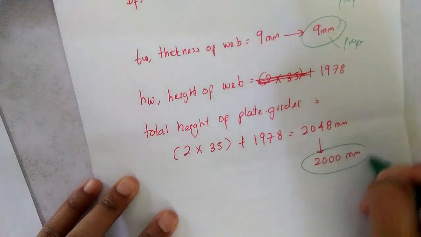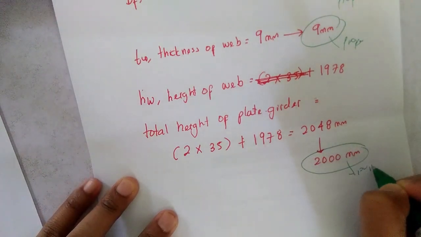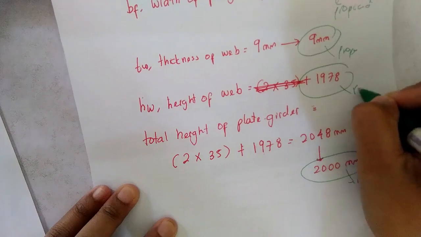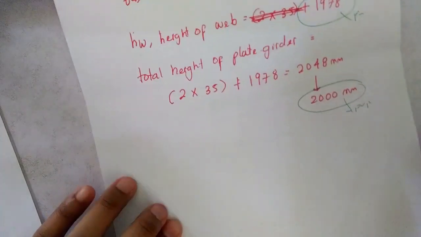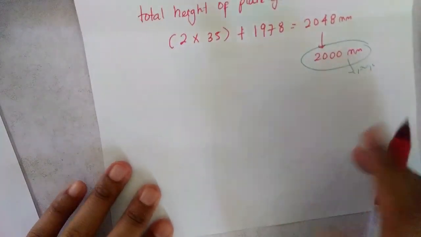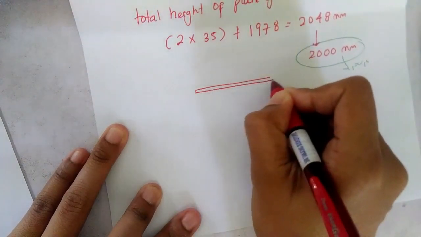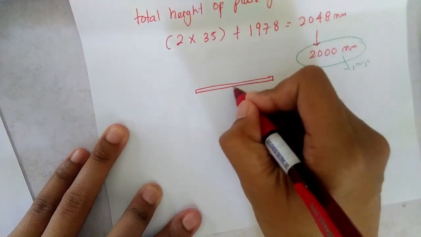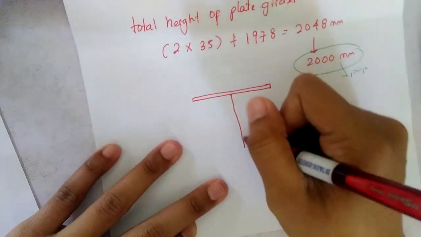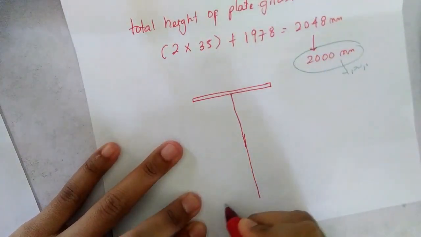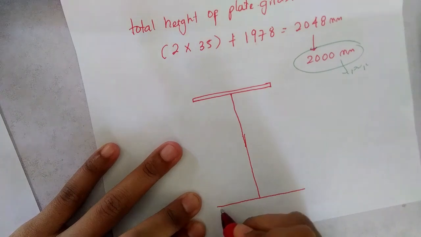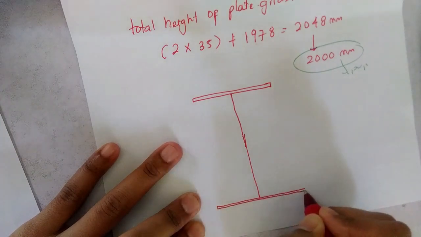This is the proposal. So in general, in summary, this is the flange, this is your web, this is the flange again.